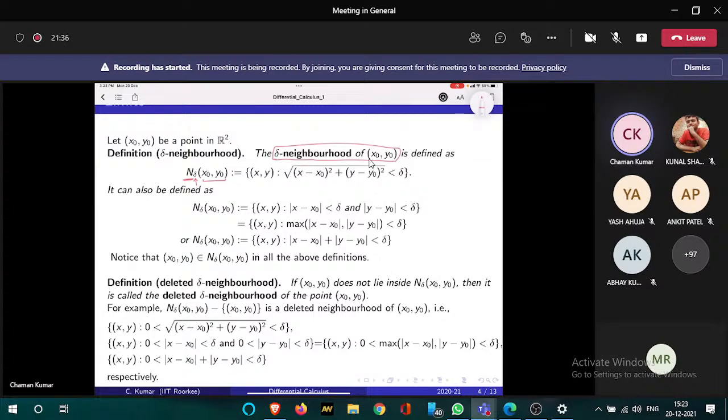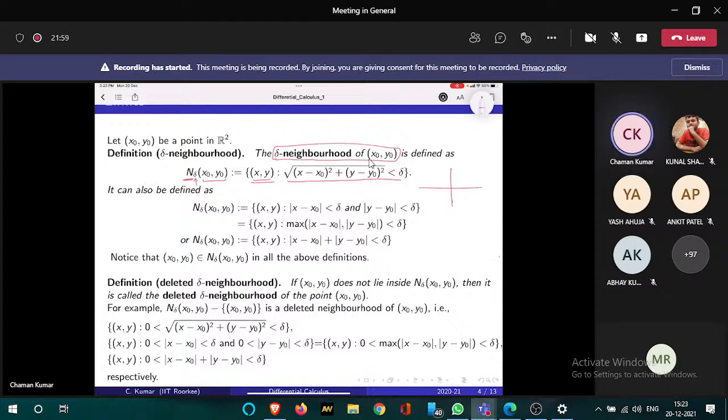The delta neighborhood of x naught, y naught is defined as all values of x, y such that the distance of the point x, y from the point x naught, y naught is less than delta.